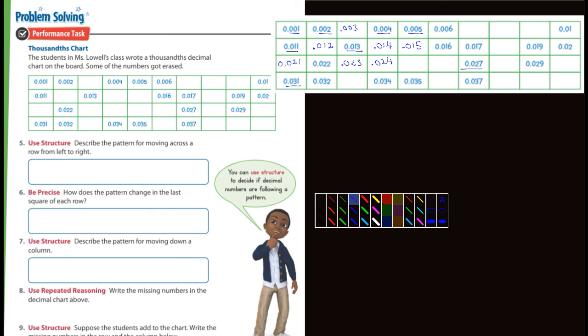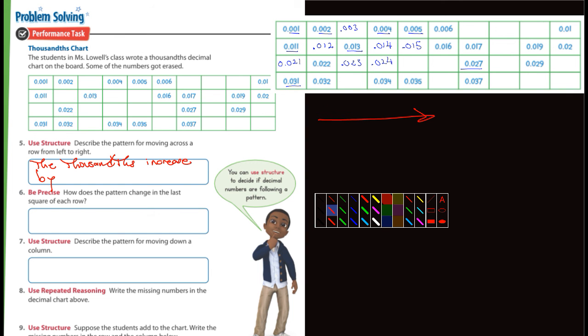The questions they want us to answer here. Describe the pattern from moving across the row from left to right. From left going to the right, the pattern across. The thousandths, I would say, increase by what?